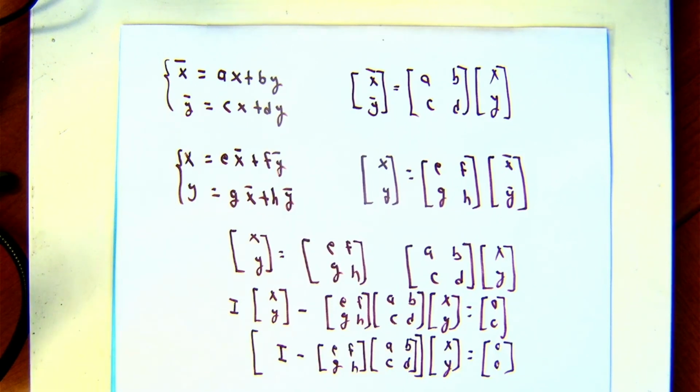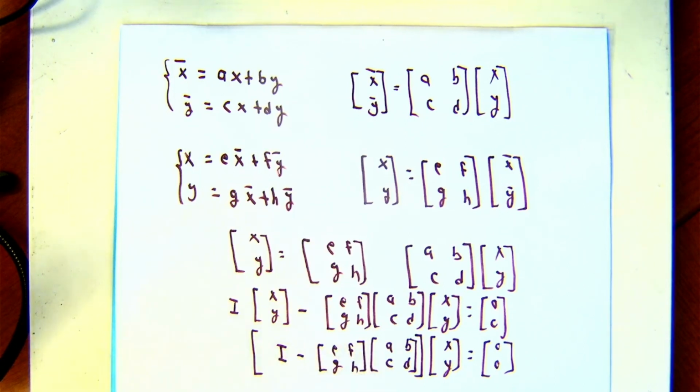So this is very interesting. This says the matrix inside this large bracket multiplied by xy must be the column 0, 0. This has to be true regardless of what the x and the y are. I'm going to make up an abbreviation for identity matrix minus EFGH times ABCD.